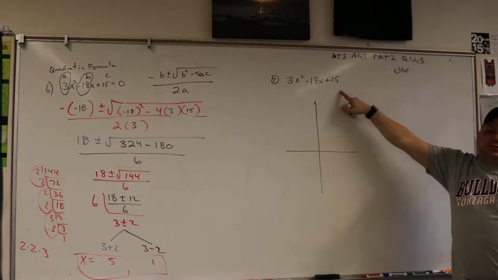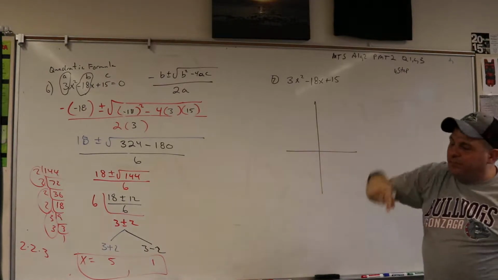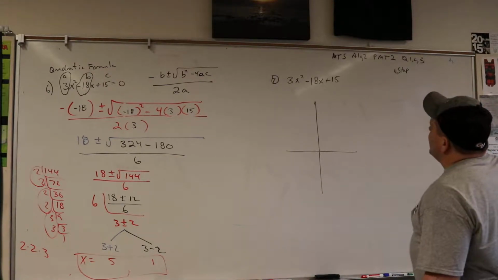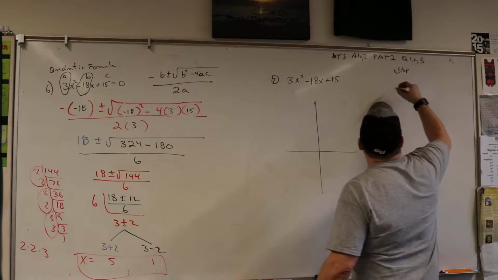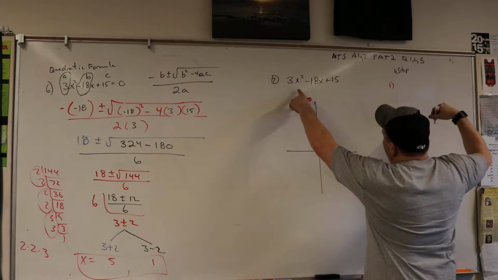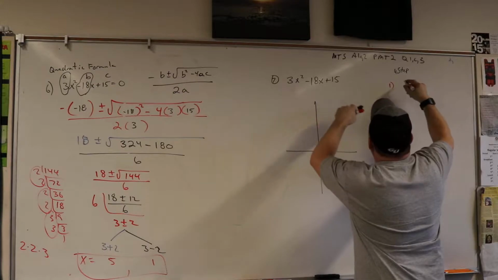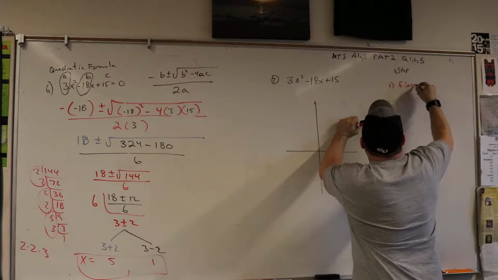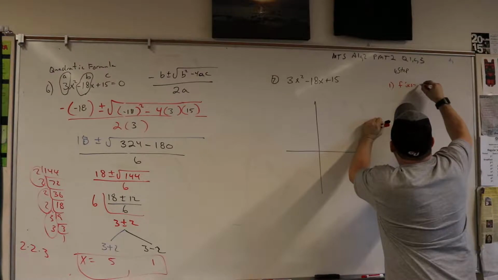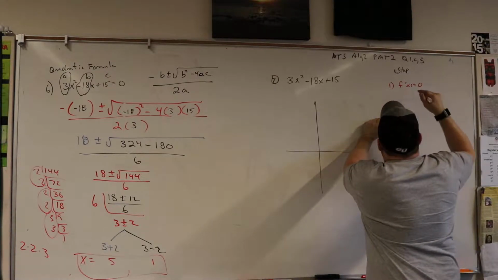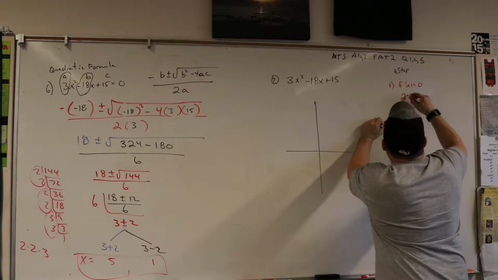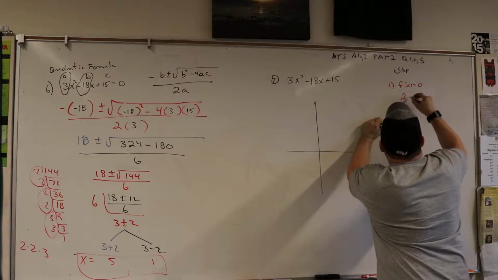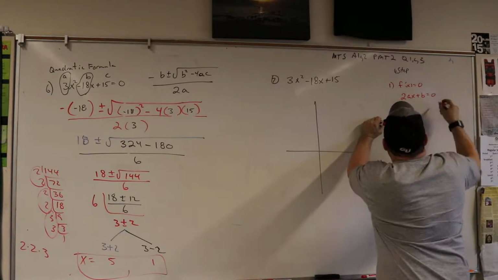If we wanted to graph this, I need some points. The first step is to find the axis of symmetry, where f prime of x equals 0. The other way to think of that is 2ax plus b equals 0.